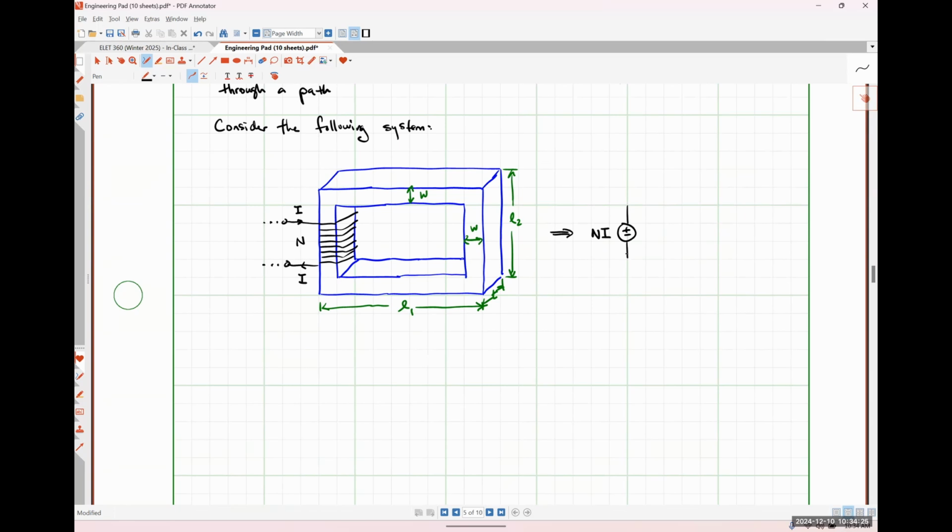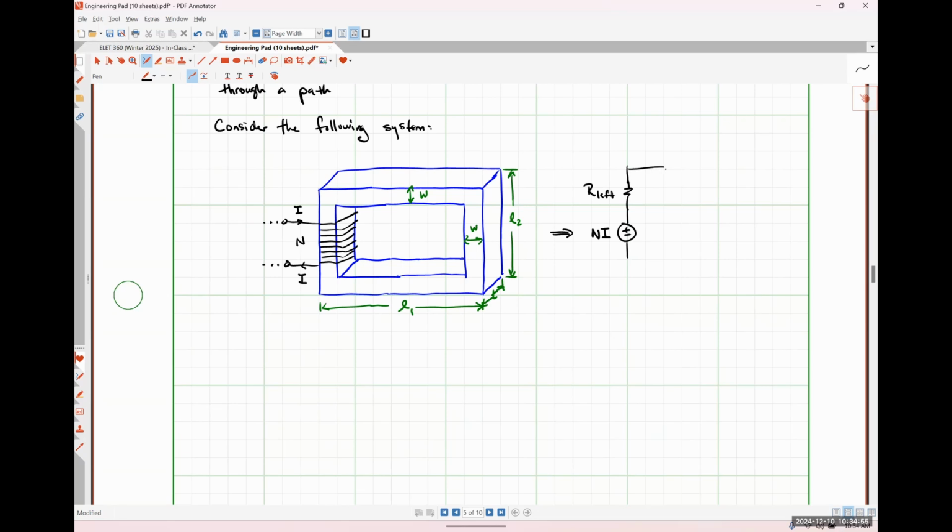Now, this section of my core material here, this leftmost leg, will have some reluctance. So I'm going to choose to put a reluctance that I'm going to call R left. And I'm going to try to do this as a fancy looking R. And that represents the reluctance of the left leg of our core.